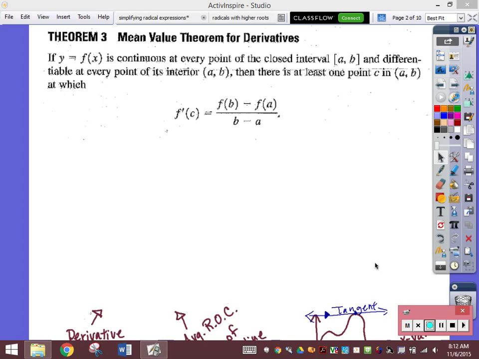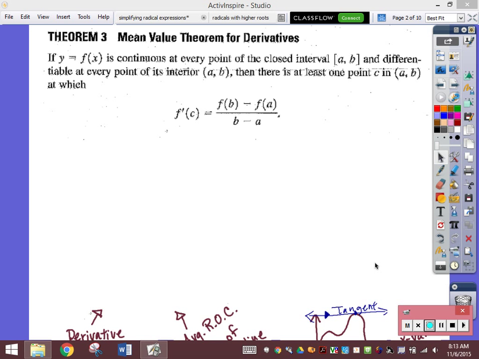So this is very notation heavy, but a couple things to note. The condition is that it's continuous on the closed interval and differentiable on the open interval. So if you're asked whether the mean value theorem applies, you have to prove that those two things are true.